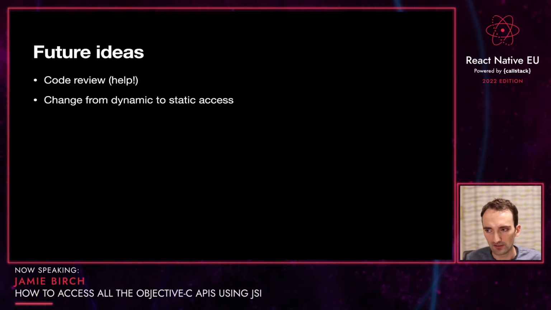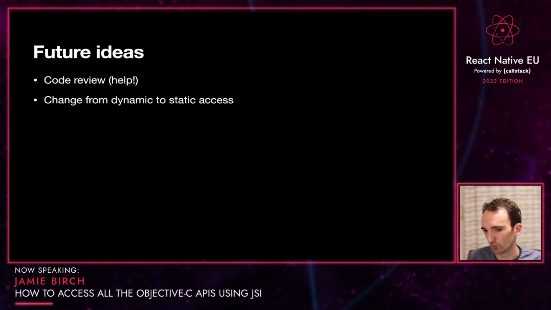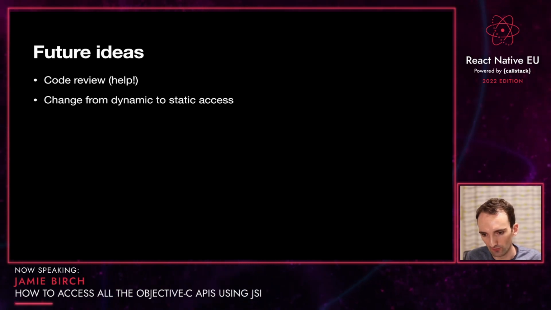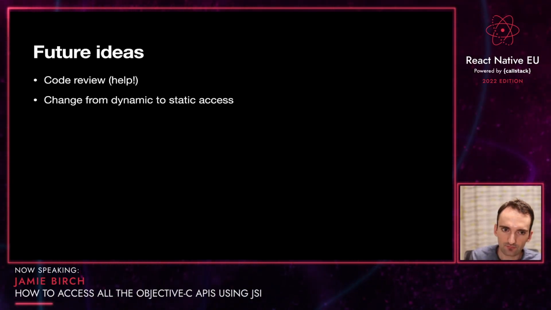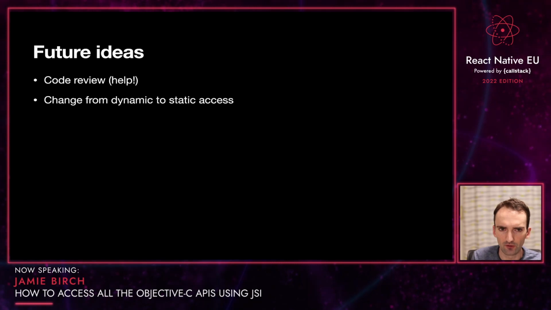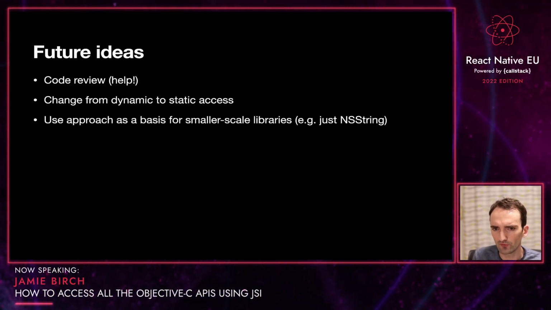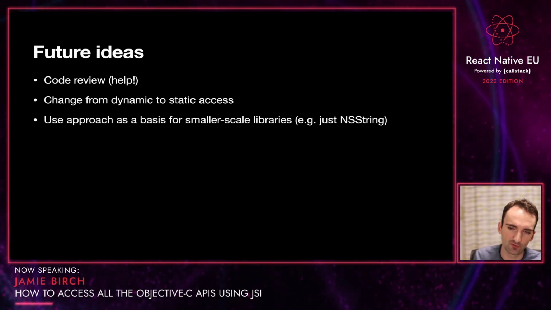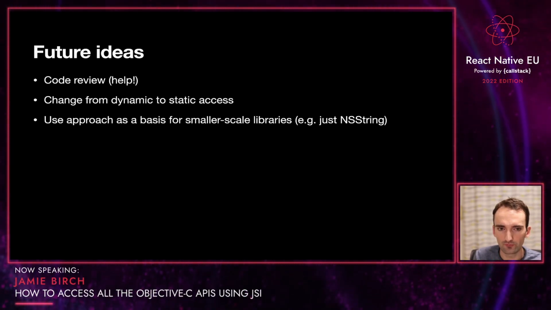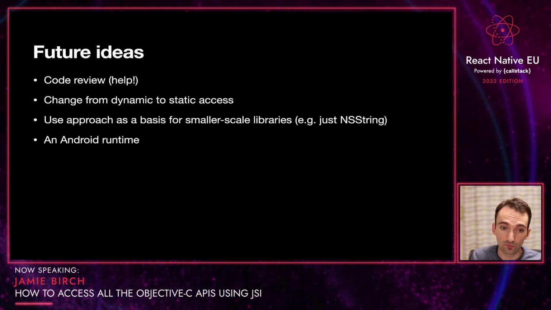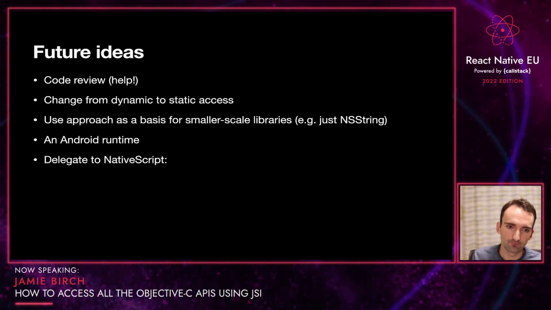And we can make a dedicated file describing here is NSString and everything you can want to do with it, rather than relying on things like the dynamic linker and Objective-C runtime helpers. I'd like this to be used as an approach for smaller scale libraries, as I said, maybe just tackle NSString on its own. It would be cool to have an Android equivalent of this.